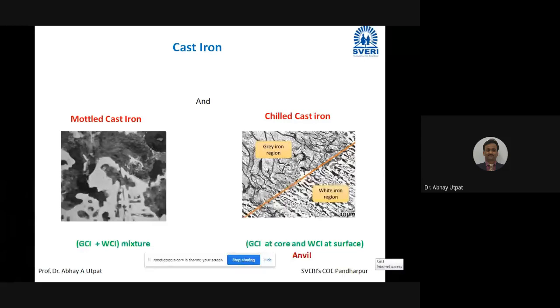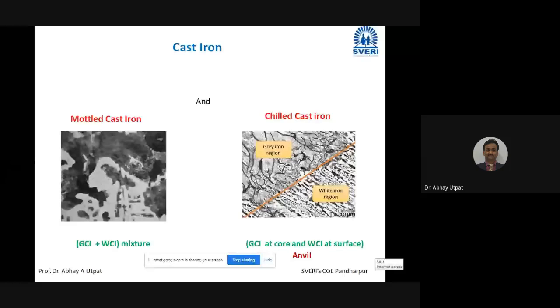But second, a little liquid I will cool very fast. Means carbon is more and graphitizing elements are present, but I am not giving time for that graphitization reaction. So I am not giving time for graphitization reaction, meaning cementite remains cementite as it is.